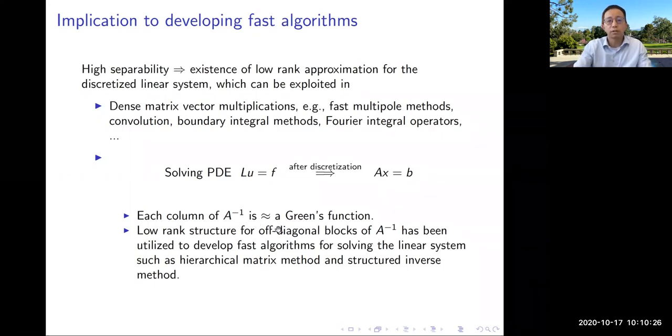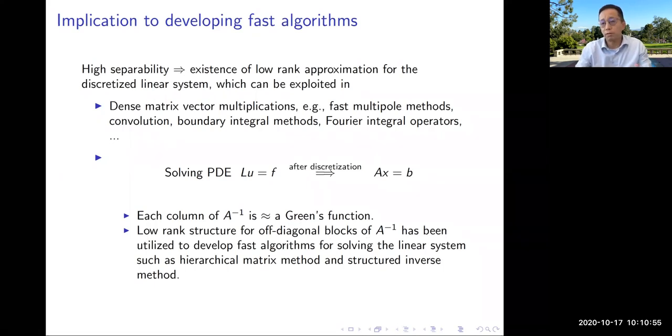It's a Green's function. So if you have low rank structure off the diagonal, usually people use this hierarchical structure, a special indexing of the unknowns, so that these matrices are hierarchical, called either HSS, hierarchical semi-separable matrices, or H-matrix methods, directly using this hierarchical low rank structure of A inverse to develop direct fast algorithms.